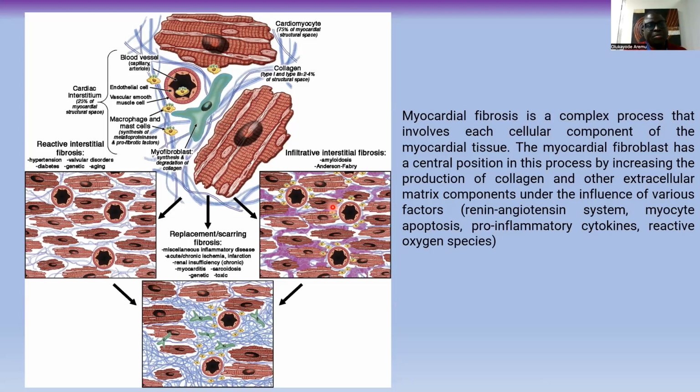So the dead tissues are being replaced by the collagen, and when this happens, that is when we have the scarring fibrosis or replacement fibrosis, and we can see this in inflammatory diseases. We see it in acute or chronic ischemia, myocardial infarction, renal insufficiency, in the chronic stage, myocarditis. I know we are all familiar with all these names, sarcoidosis, genetic, and then toxic myocardium, as the case may be.